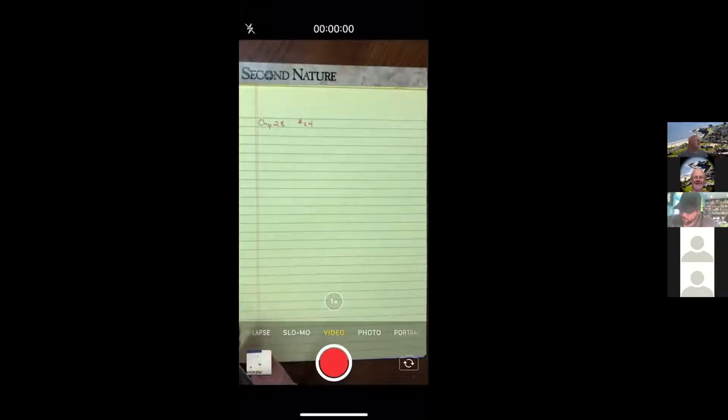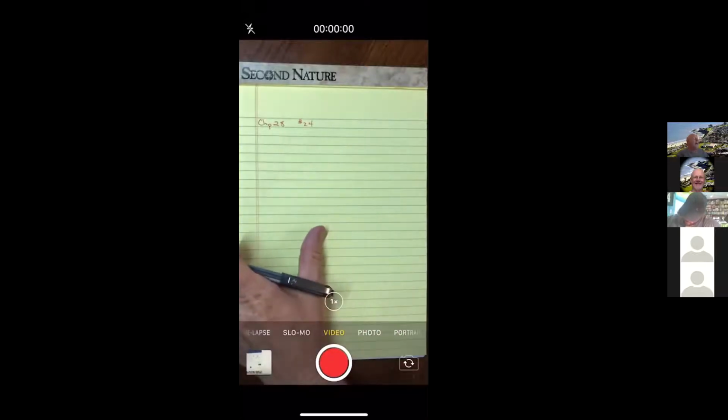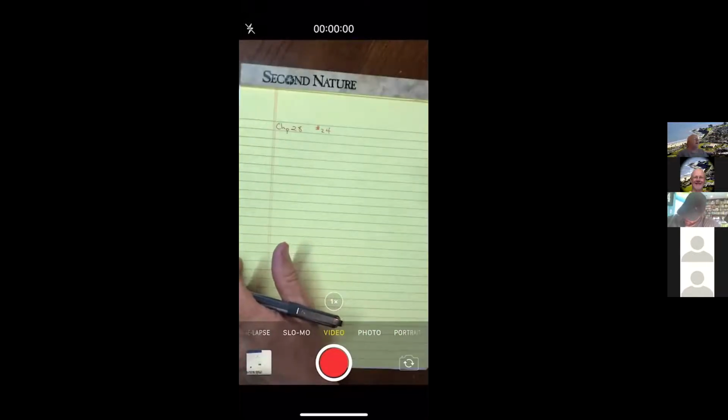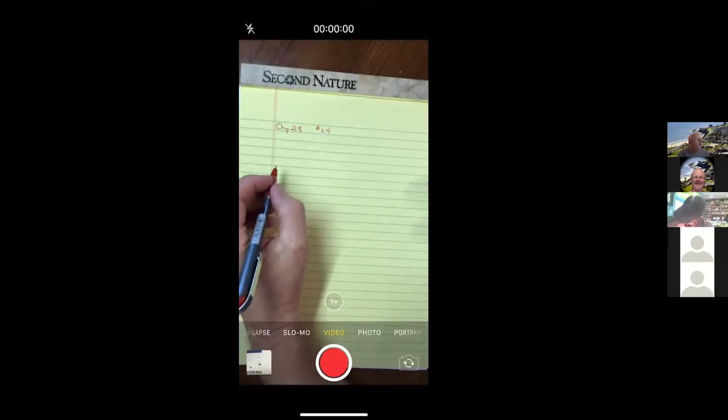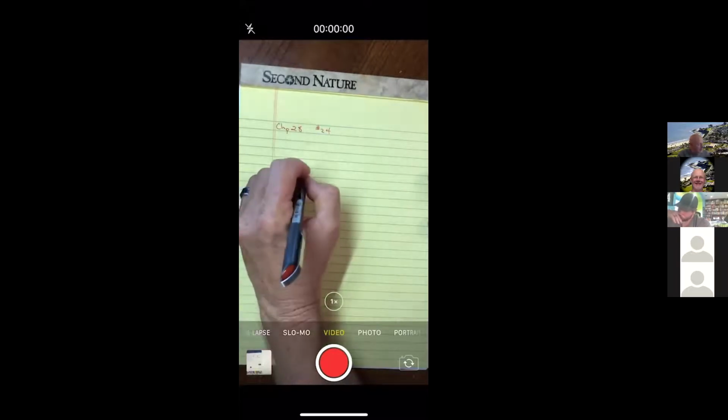So 24, it starts off: a dead battery is charged by connecting it to a live battery on another car with some jumper cables. Determine the current in the starter and in the dead battery. All right, so their little circuit here looks like this.